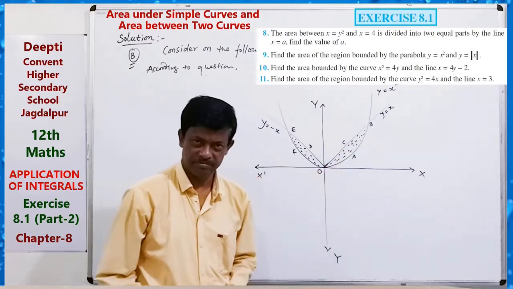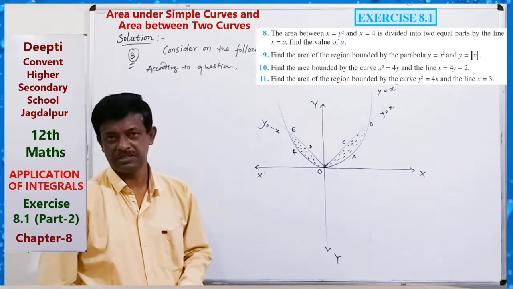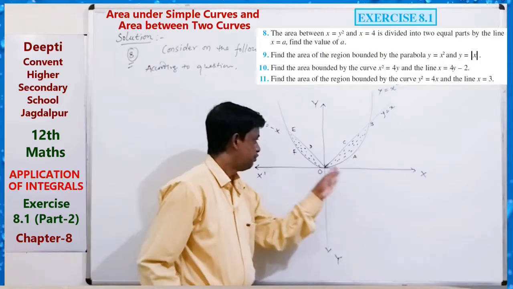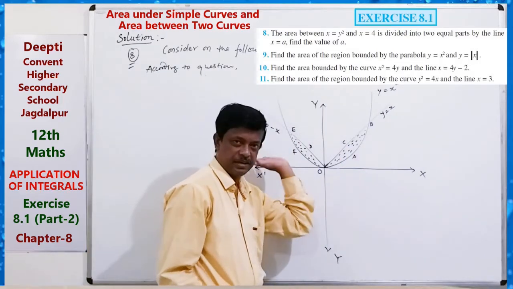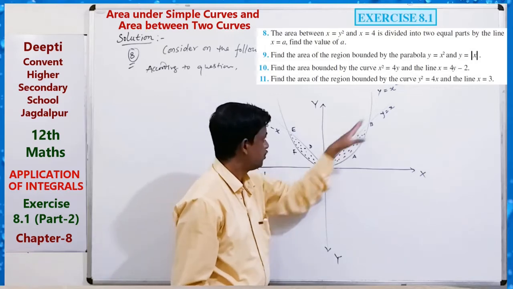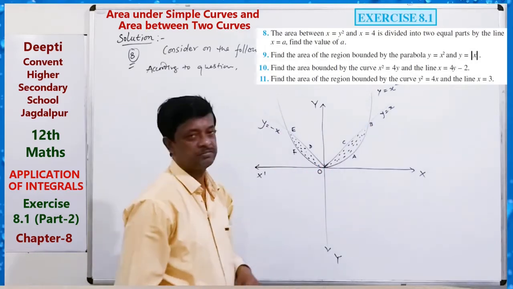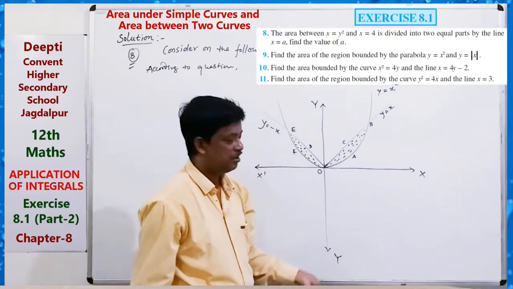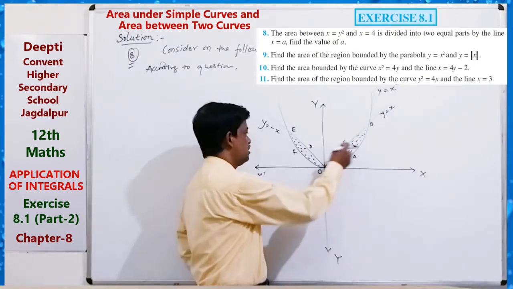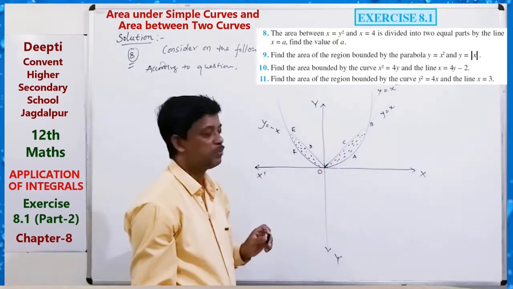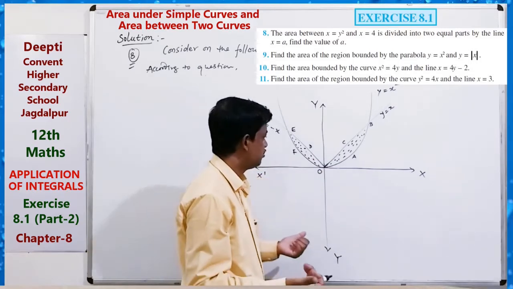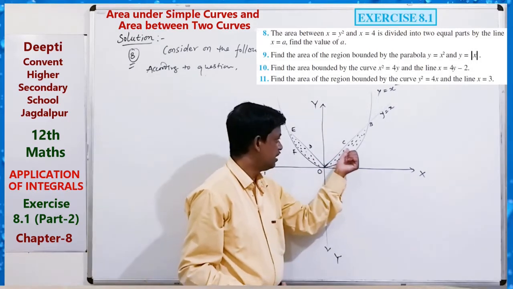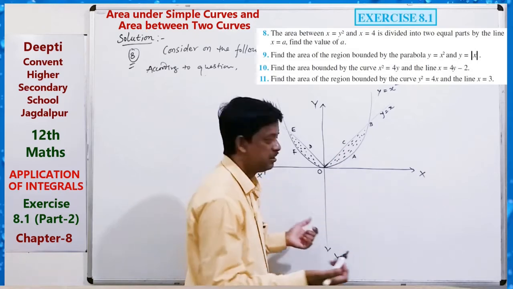Both are the same because the parabola is symmetric about the y-axis, and also y equal to x and y equal to minus x are symmetric about the y-axis. So this part and this part are equal. So we can find a single area and take 2 times.